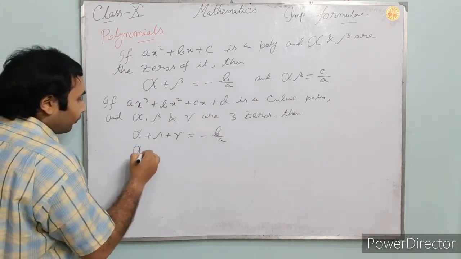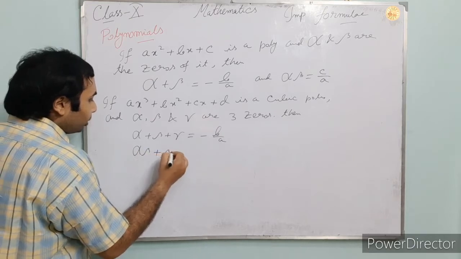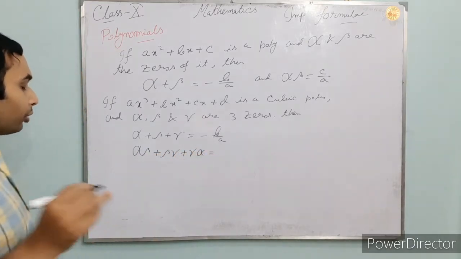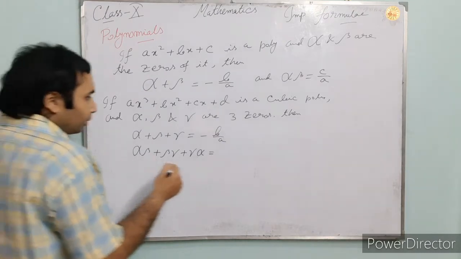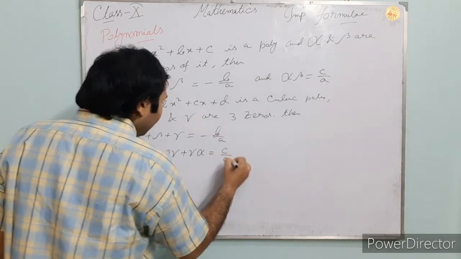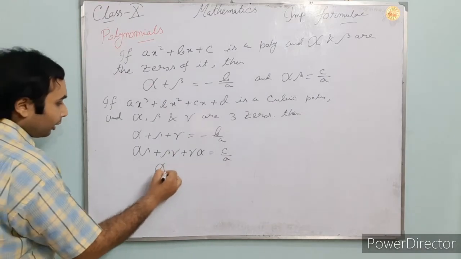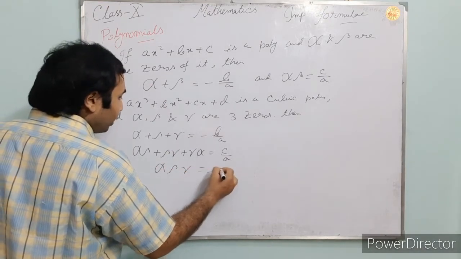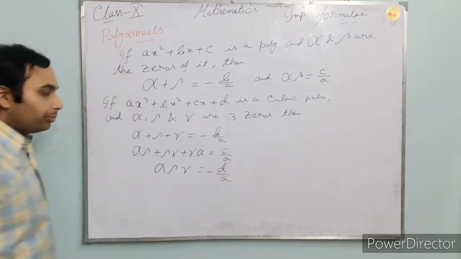Alpha beta plus beta gamma plus gamma alpha, the pairwise sum, will be c by a, and alpha beta gamma equals minus d by a.